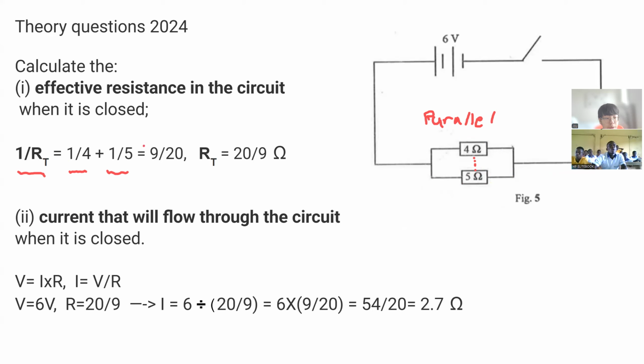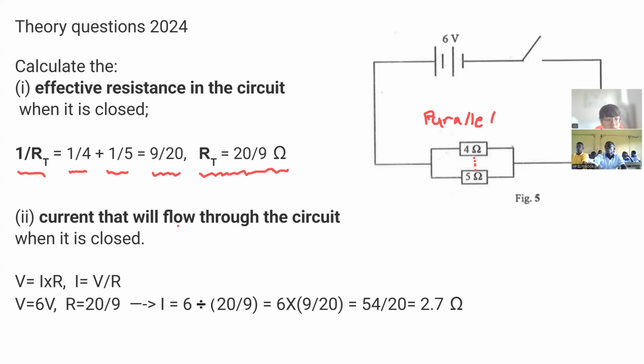If you add them together, it becomes 9 over 20. But since it's 1 over RT, you have to flip it, and it becomes RT equals 20 over 9 ohms. That is the total resistance in the circuit.